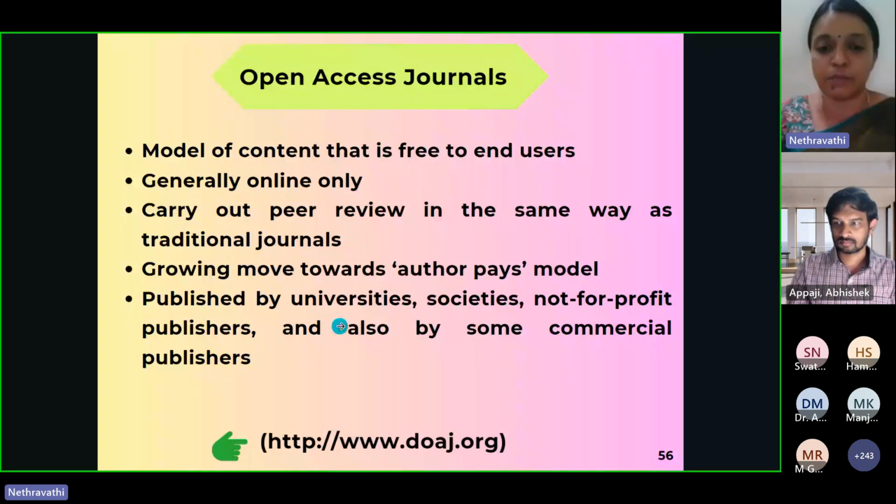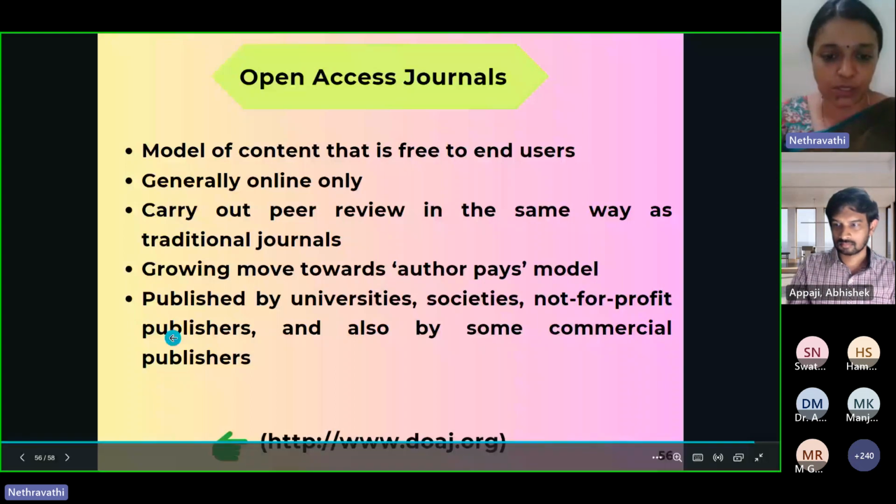It could be a university based journal, or any societies, not for profit publishers, and also by some commercial publishers. Commercial publishers, as I told, like IEEE, will charge you some thousands of dollars. So these are public open access journals.